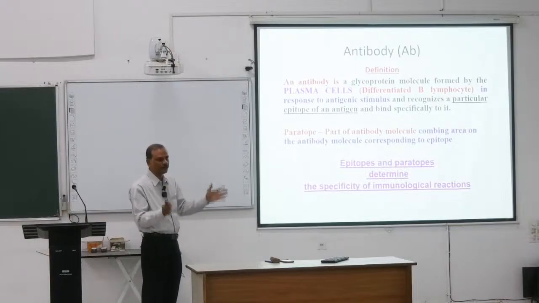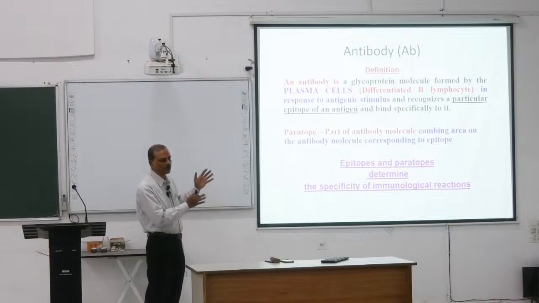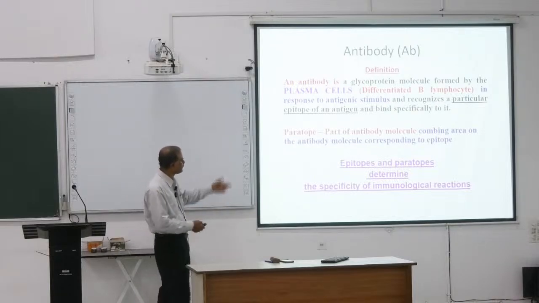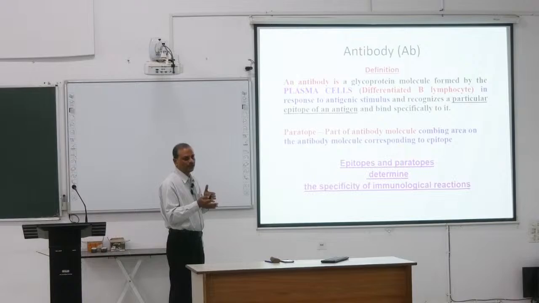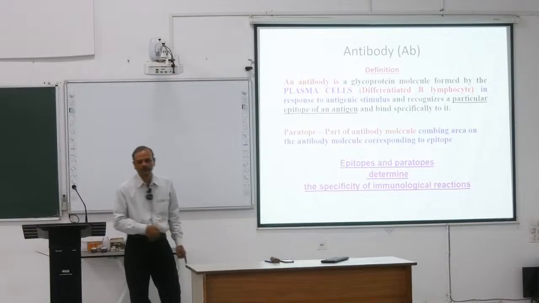Similarly, the whole of the antibody doesn't bind to the antigen, it binds with one small part of the antibody that is called the paratope. So this is just like a handshake between antigen and antibody through epitopes and paratopes, and they determine the specificity of the immunological reaction.